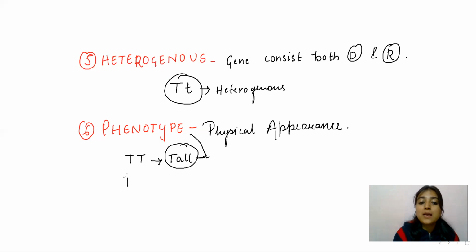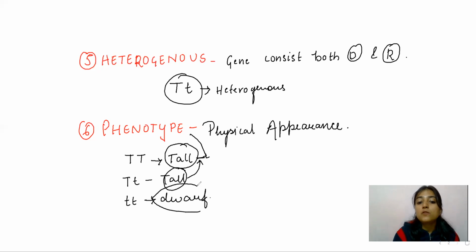If it is capital T small t, again it is tall, so this tall is again the phenotypic nature. And if it is small t small t, then it shows the dwarf physical appearance, so its phenotypic nature is dwarf.